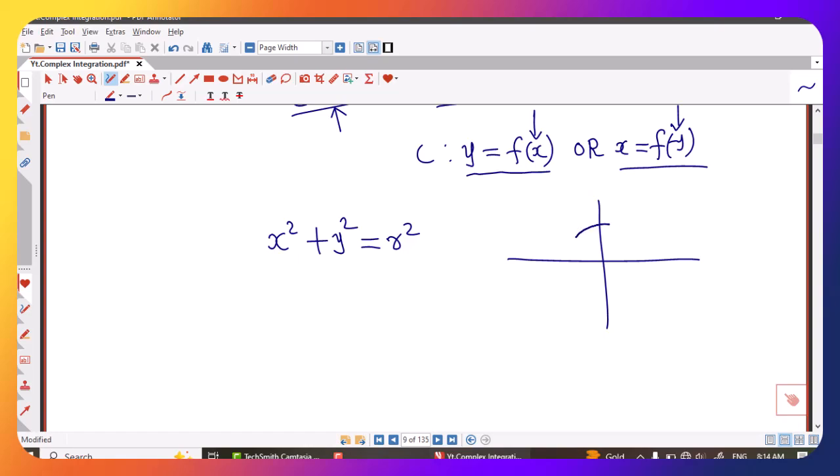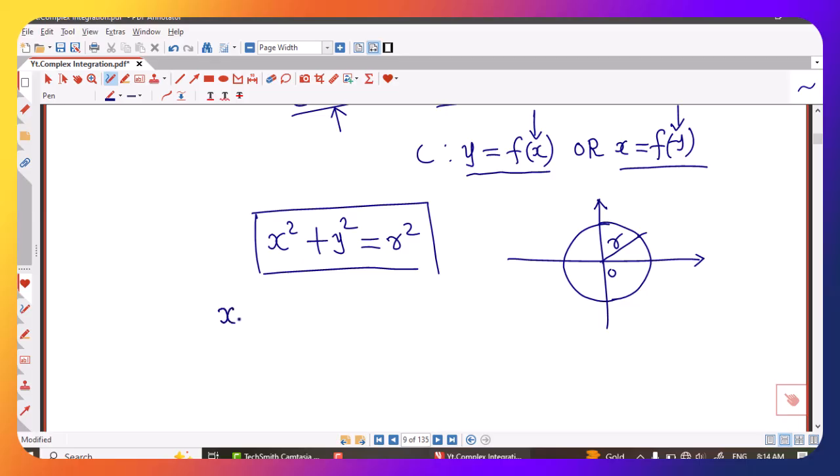We know that if we have a circle with center origin, center is z equal to 0 and radius r, then we can write it as x square plus y square equal to r square, and we can use x equal to r cos theta and y equal to r sin theta, that is polar coordinates r and theta, to write down this circle in parametric form.